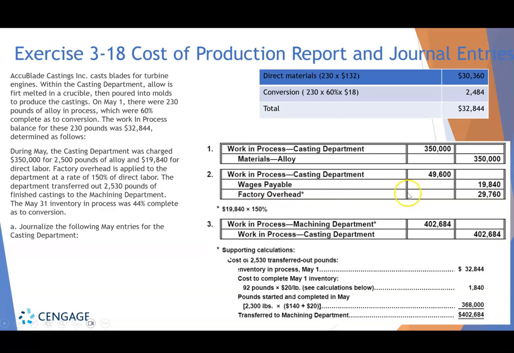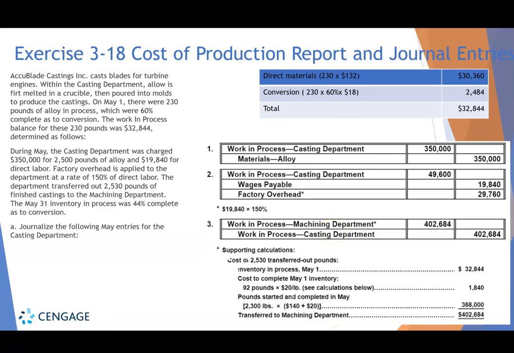So 150% of $19,840 is $29,760 factory overhead applied. So we take our wages and our applied factory overhead, debit that to our casting department.